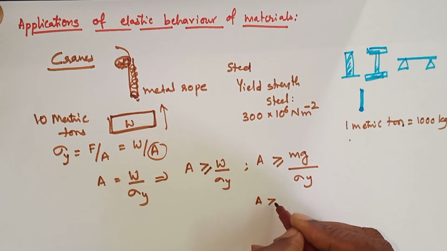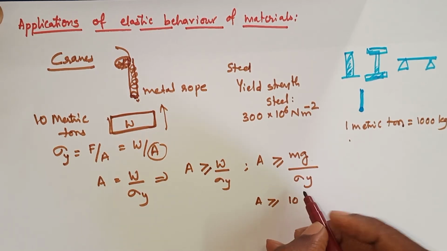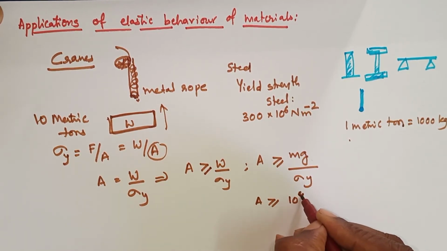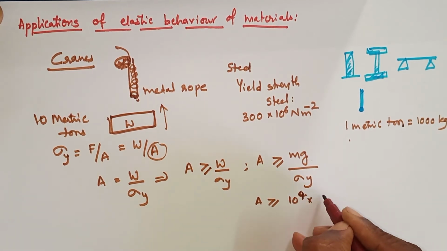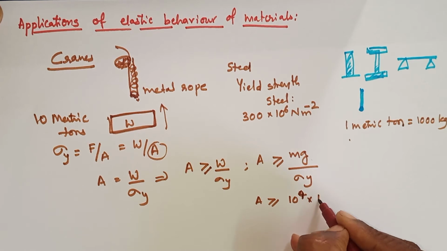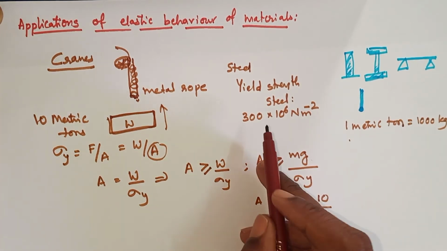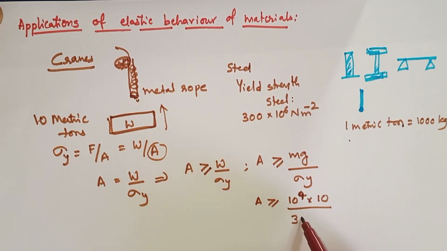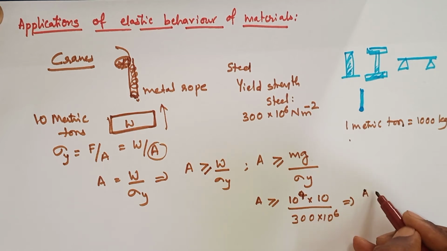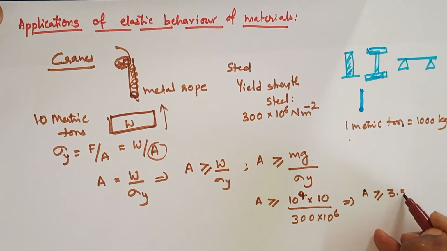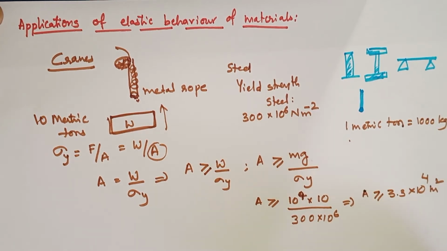A must be greater than or equal to 10 power 4 kg into 10, of course I am using g as 10, divided by 300 into 10 power 6 for the steel wire. So approximately you get the cross sectional area should be greater than or equal to 3.3 into 10 power minus 4 meter square.